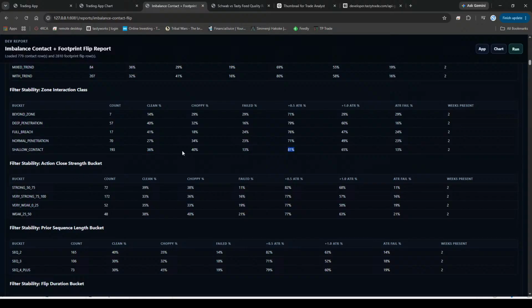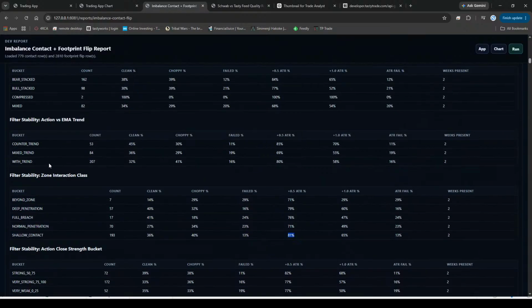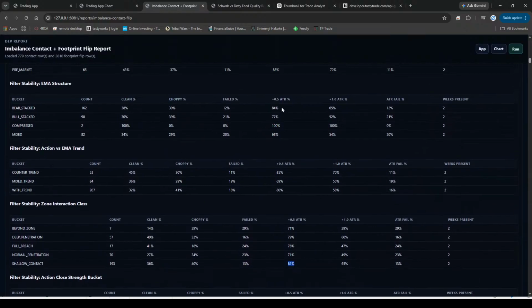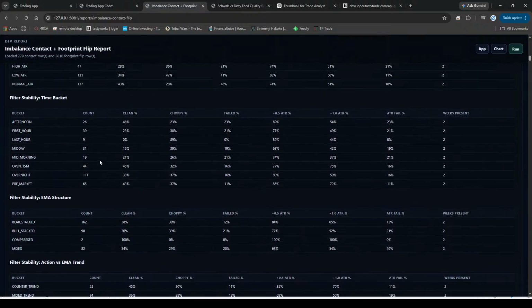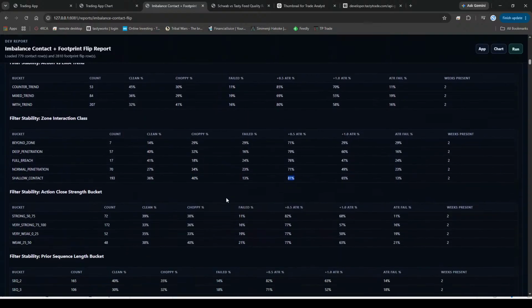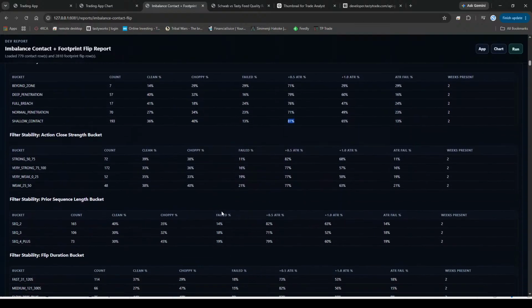So knowing that 80% here, 80% here, 80% in the pre-market. So when all these things line up in the pre-market, I am pushing 80%. If these 3 things line up, then I'm probably going to have a higher probability of the trade going through.